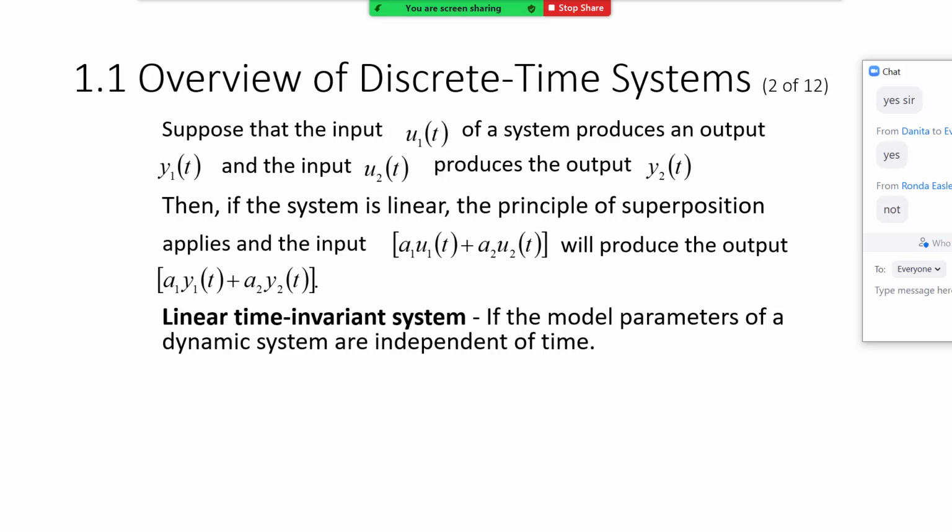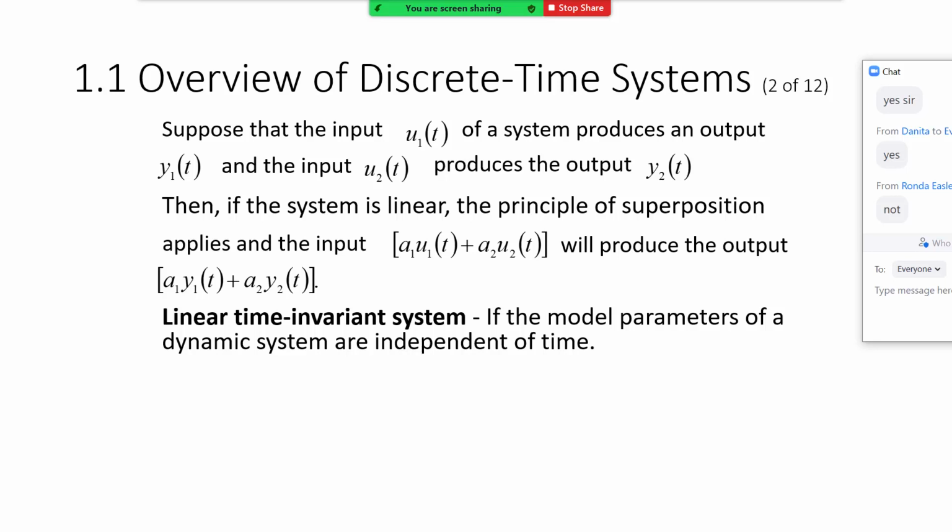So if I come to the system and apply an input today and get an output, and I come tomorrow and apply the same input, I'm going to get a similar output to what I got yesterday. This system, we call a linear time invariant system. The parameters of the system do not change.